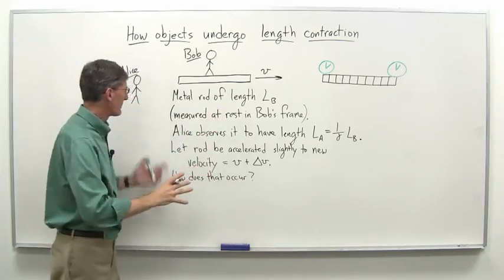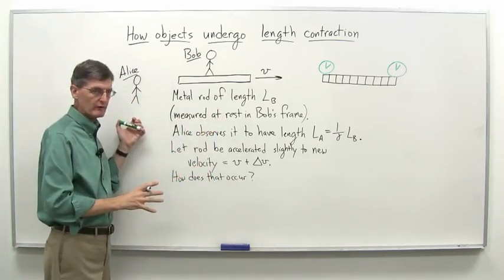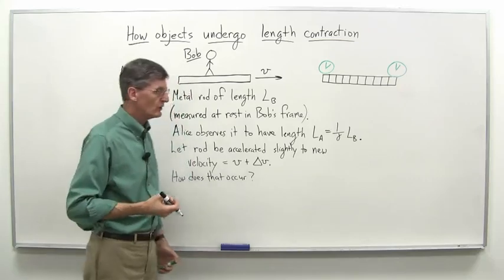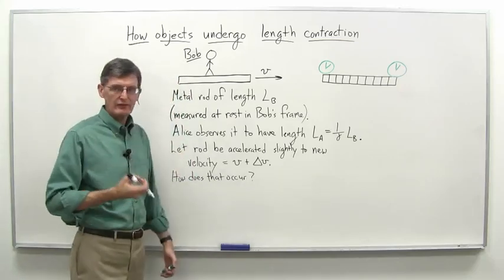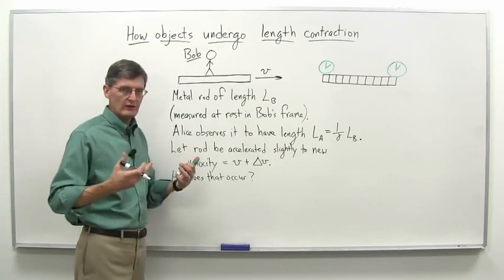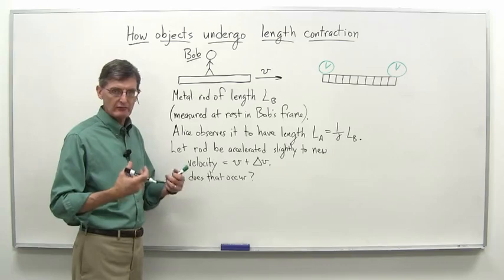Now let's think about what Alice observes from all this. And the key thing here goes back to the relativity of simultaneity. Or another way to say that is synchronization is relative.